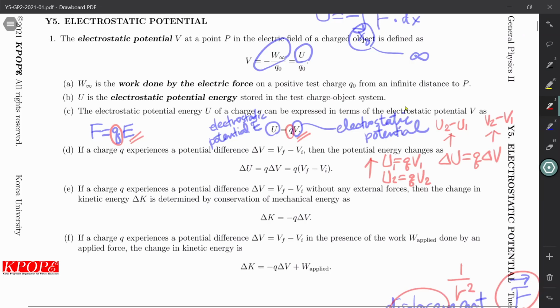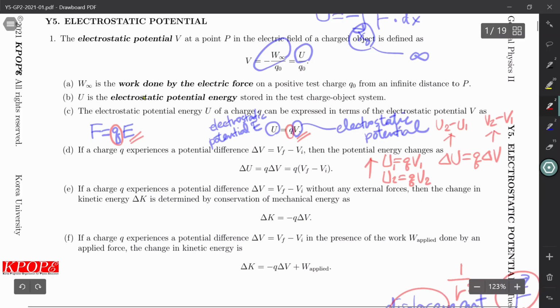If a charge Q experiences a potential difference without any external forces, then the change in kinetic energy is determined by the conservation of mechanical energy.